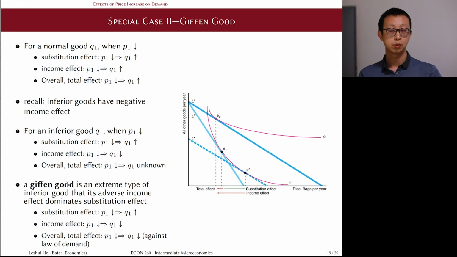In an extreme situation, if the income effect is particularly strong, it becomes theoretically possible that the demand can actually decrease when its price decreases. Now, this is totally contrary to the law of demand. Economists have long been curious about the possibility of finding a good with such behavior.